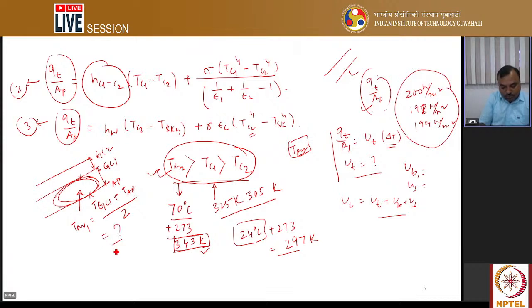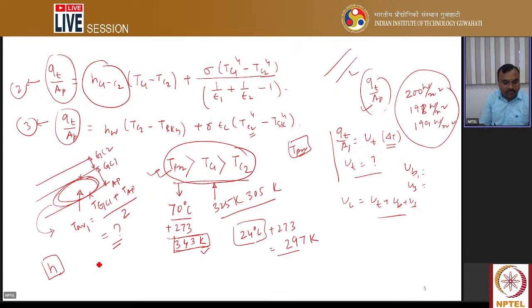So at this temperature, we need to find out the air properties. Once you know the air properties, we can find out the heat transfer coefficient by considering appropriate correlations, which will be given to you if we ask questions on this. And these are standard correlations to be used for these conditions when two plates are parallel.